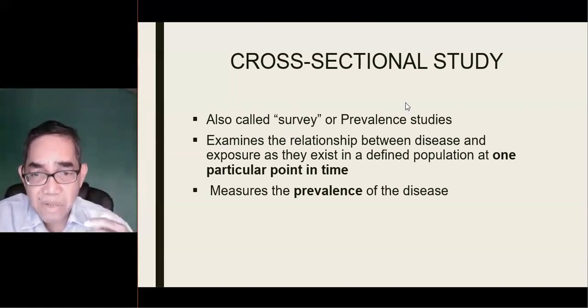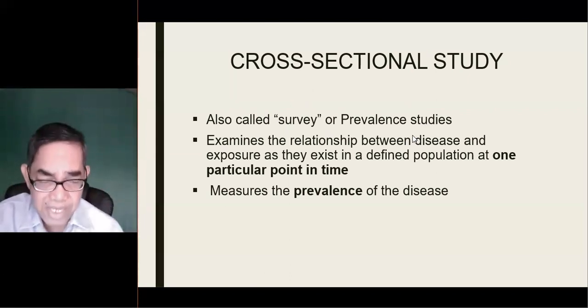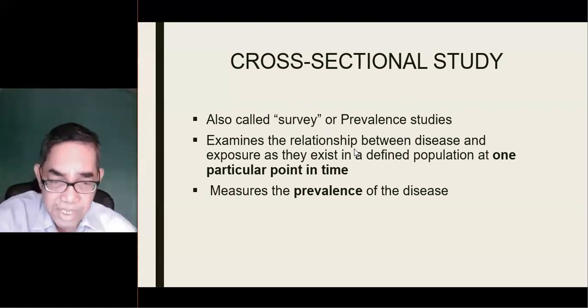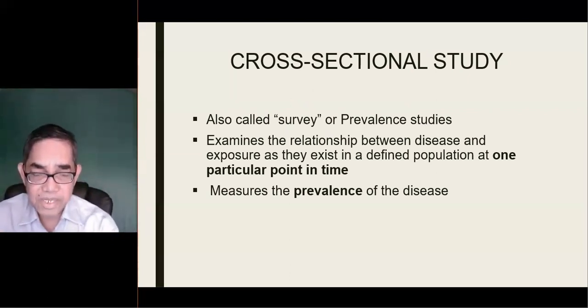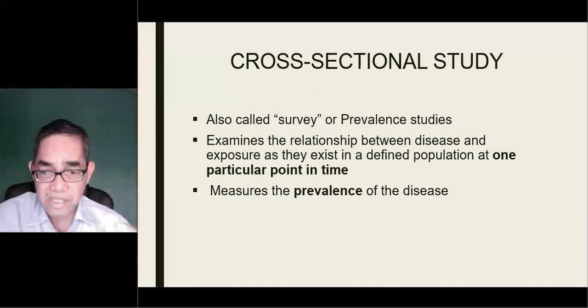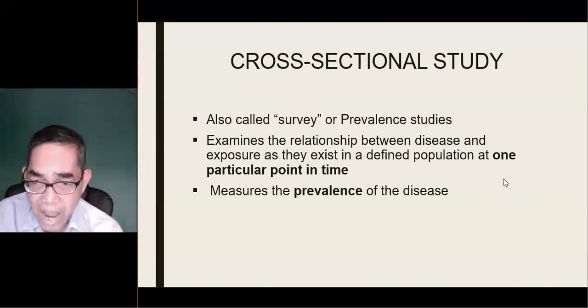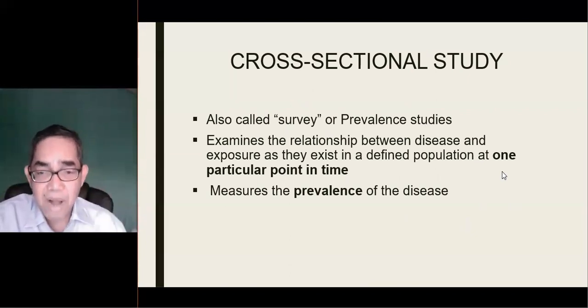Now, in a cross-sectional analytic study, we examine the relationship between the disease and the exposure as they exist in a defined population at one particular point in time. A while ago, when I talked about the descriptive cross-sectional study, I highlighted at one particular point in time, and now again, I am highlighting that.